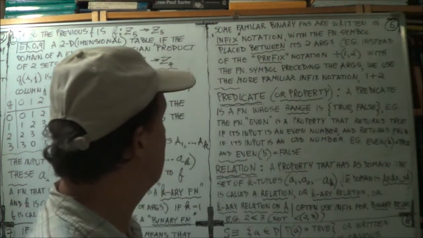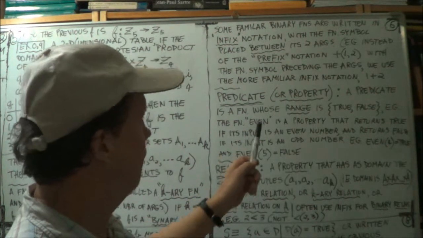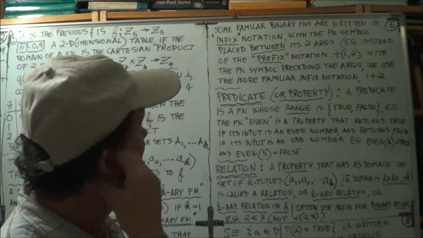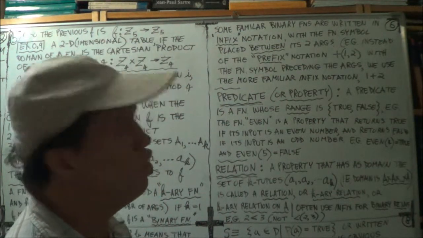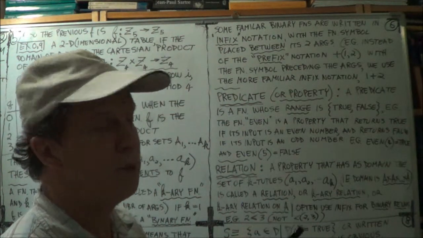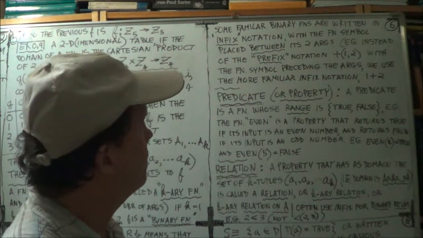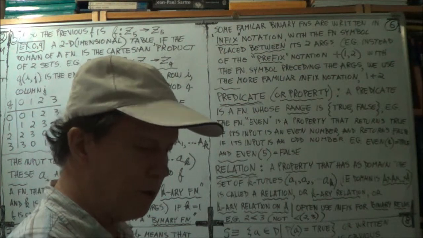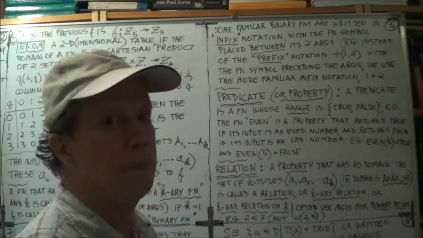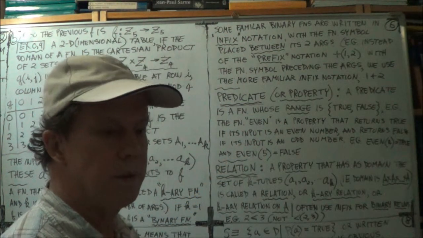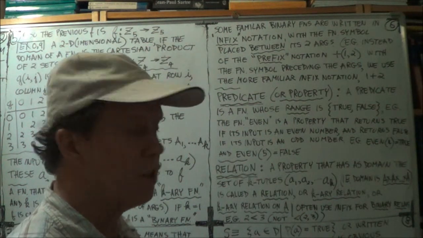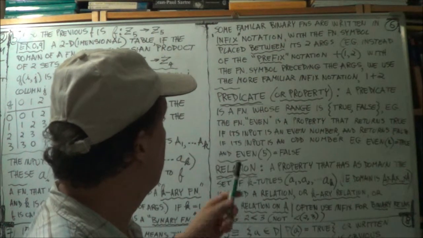Okay? Now let's do an example. Let's say the function even. Let's say it's a unary function, in other words, one input. Okay, and let's say the domain of that function even is Z, big Z, the set of integers.